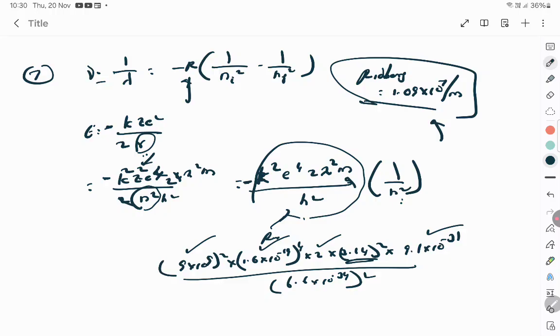Pi square itself is 9.87. That's what they have written here, by 6.6 to the power minus 34 the whole square. Okay, I missed something.